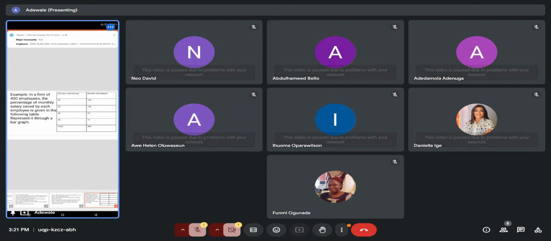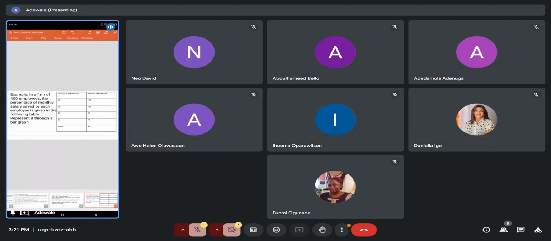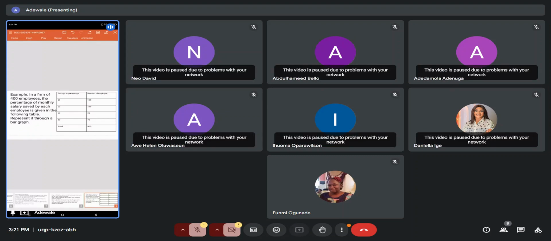In a firm of 400 employees, the percentage of monthly salary saved by each employee is given in the following. So it is comparing the savings in percentage with the number of employees. How many employees saved 20% of their salary this month? How many people saved 30% of their salary this month?